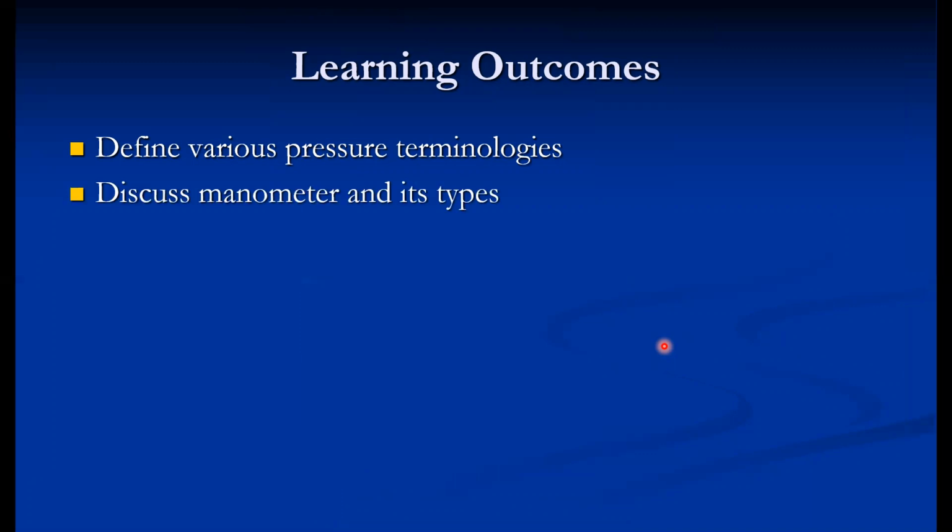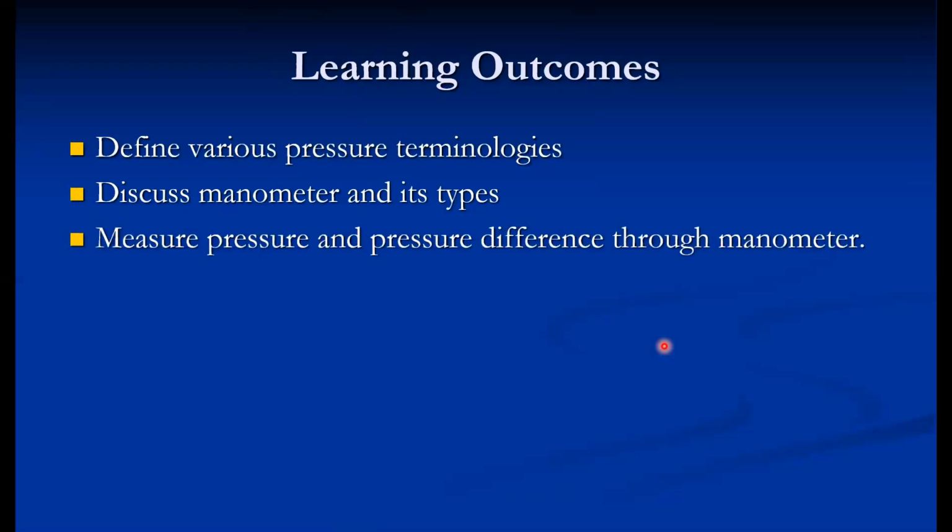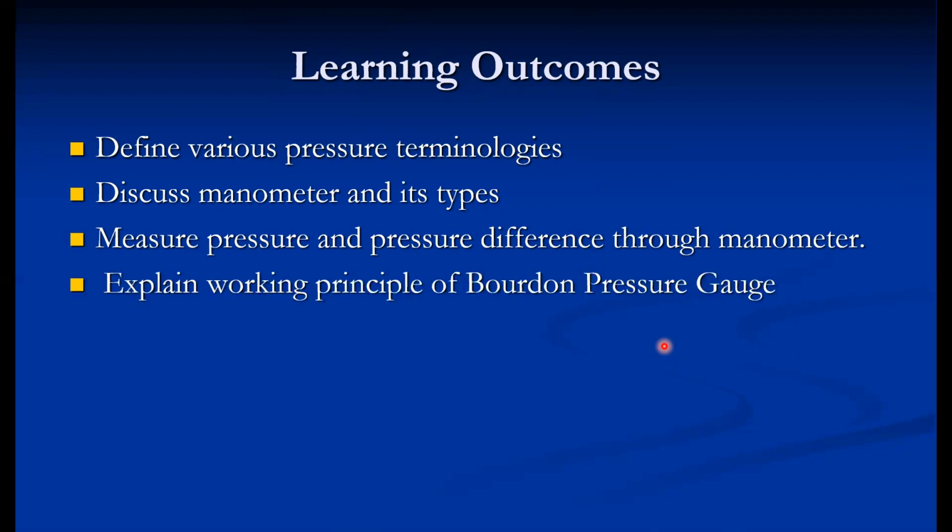You should be able to discuss the different types of manometers and their measurement techniques and measurement expressions, like measurement of pressure difference through manometers, the principle of the Bourdon pressure gauge, and you should be able to recognize some of the modern pressure gauges as well.